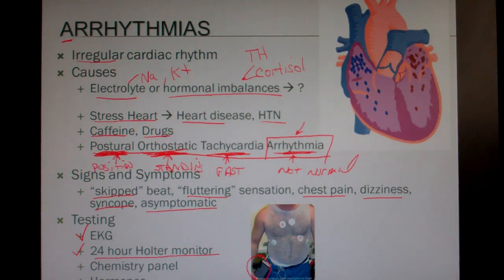It constantly monitors your heart rate, and after 24 hours you take it back to the cardiologist. The cardiologist reads it and it'll tell you if any time during that 24 hours you had a too fast or too slow heartbeat and for how long, and that gives them a lot of information on where to go from there.